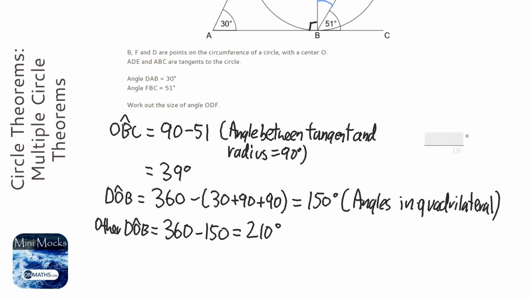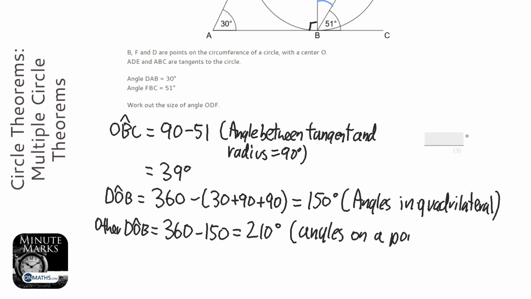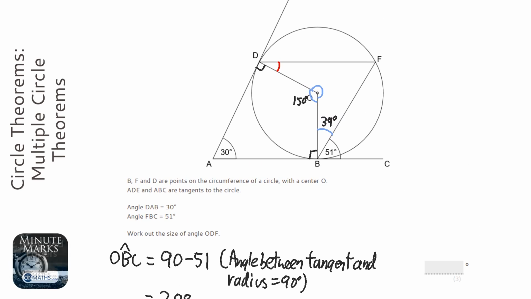So that's 210 degrees, angles on a point. Okay, so what are we up to next? Well, we can work out this angle here, and actually let's mark on the 210 as well. So we've got it all on our diagram.